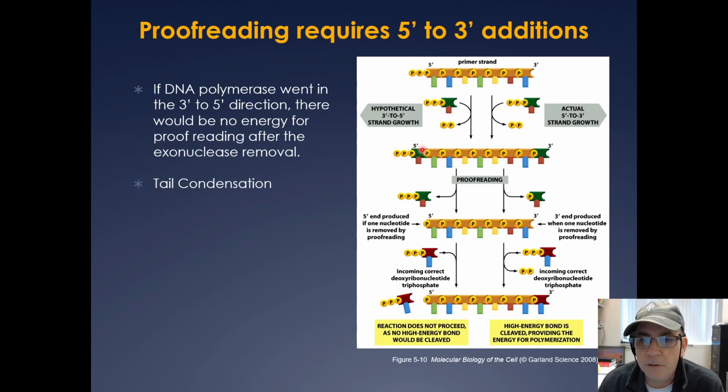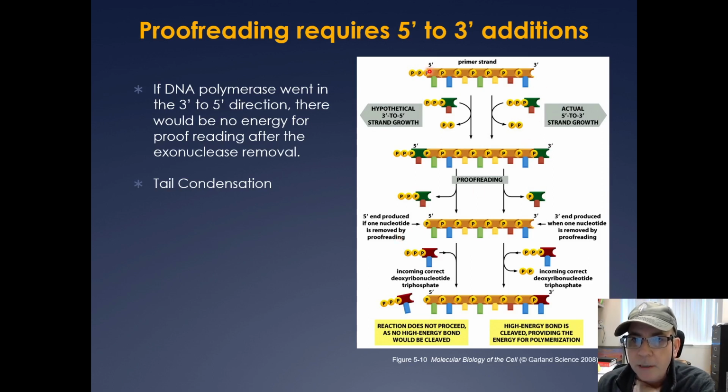Now, if it turns out that this is the incorrect base, it would then be removed by the exonuclease, and then there wouldn't be any more energy to add the next nucleoside triphosphate, and it would just basically stop. So if our polymerase went from 3' to 5', or if synthesis was happening 3' to 5', you basically couldn't have any proofreading activity in the enzyme.